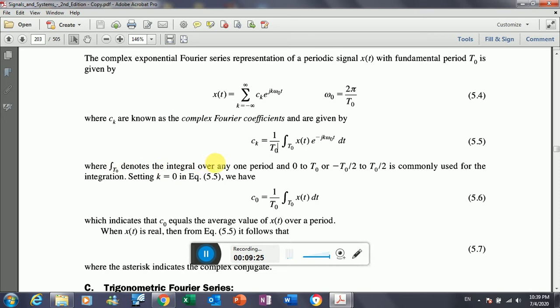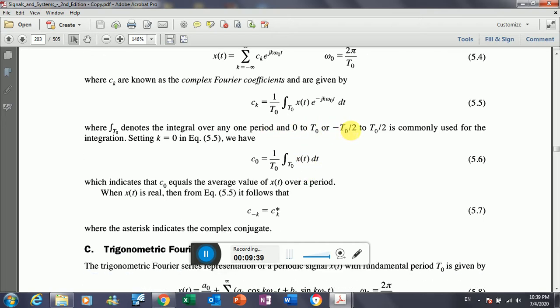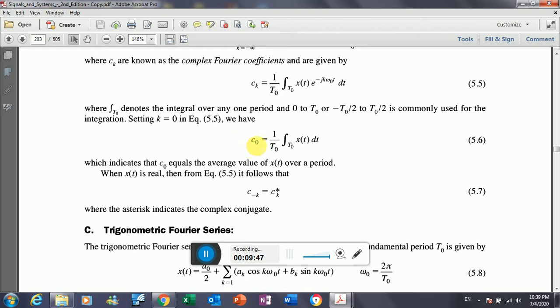This integral denotes the integral over any one period, which we will most probably take as the fundamental period, right? 0 to T naught, or minus T naught over 2 to T naught over 2, these are commonly used relations. If we put k equal to 0 in this equation, we can obtain C naught. So C naught is equal to 1 over T naught times the integral over one period of x of t dt.